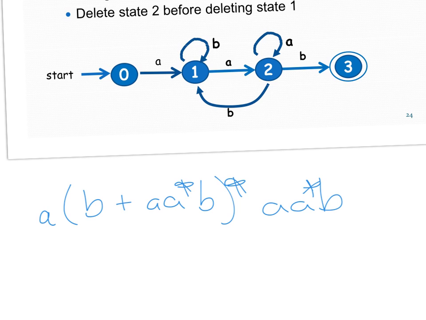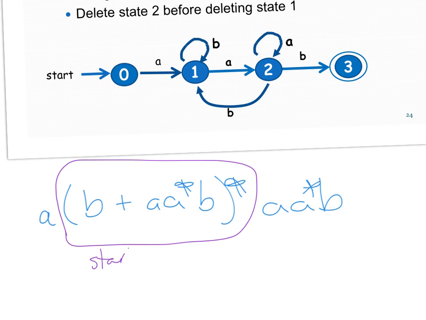So everything in this piece of the equation here is really saying, here's how you can start and end at state 1. So this first A is kind of starting at 0 and going to 1. This second big piece is how you can start and end at 1, right? You could keep ending up back at 1.